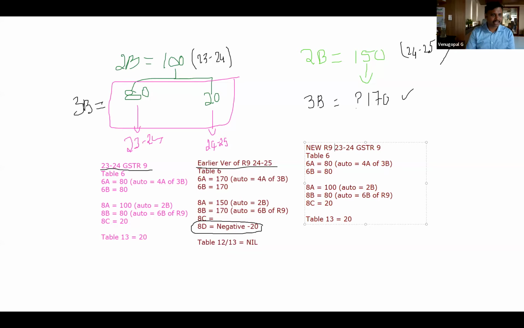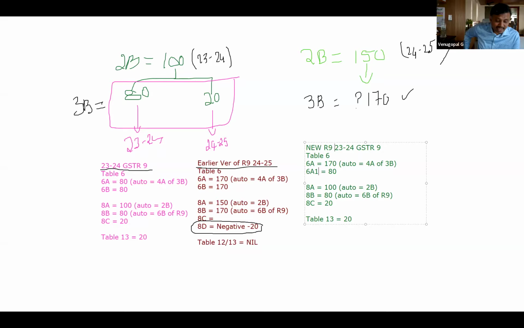R9. What are they saying in the new R9? They are saying, okay, your table 6A is auto-populating 170 rupees from 4A. They have now segregated 6A into two categories, 6A1 and 6A2.